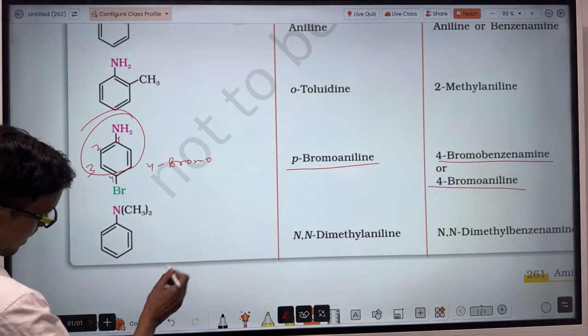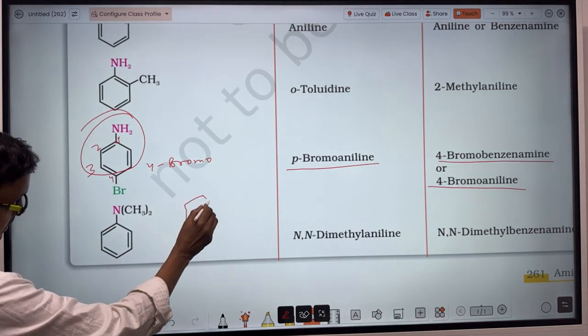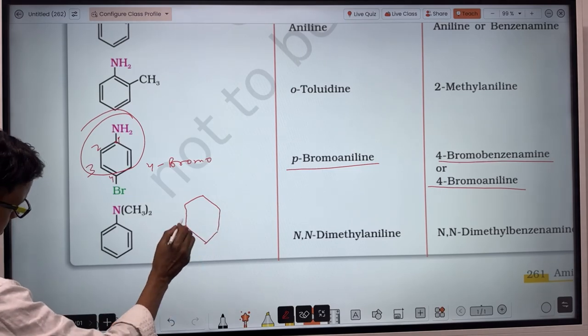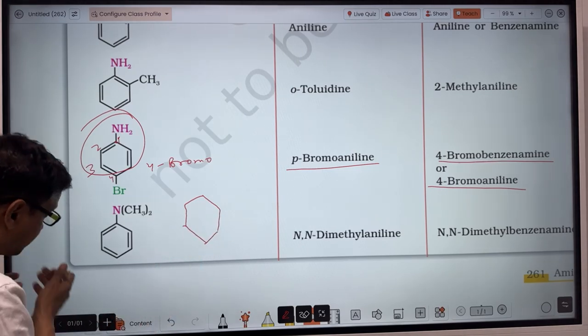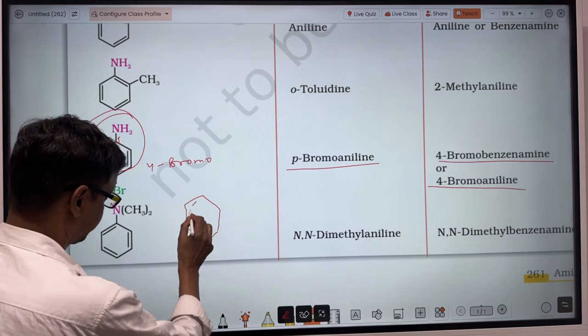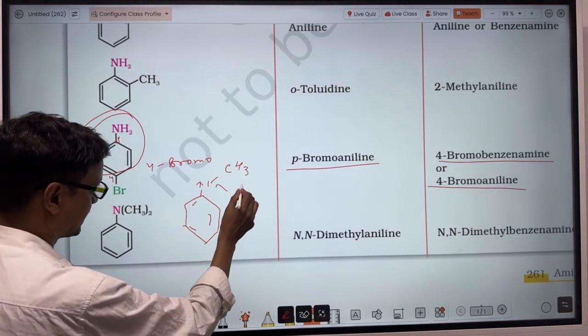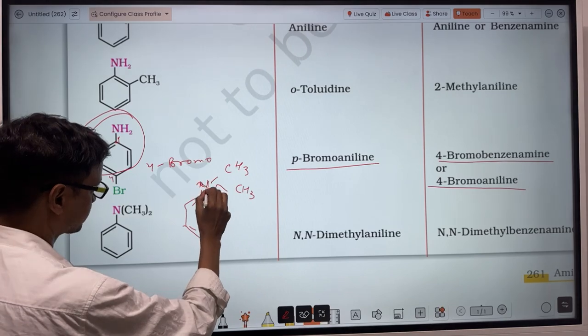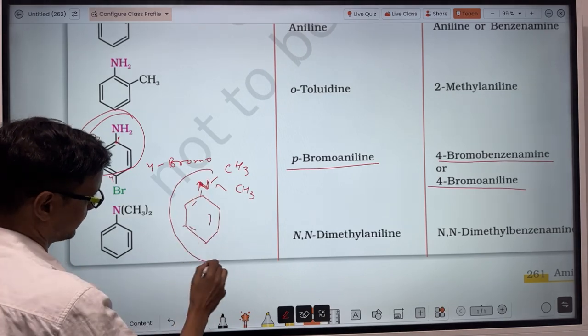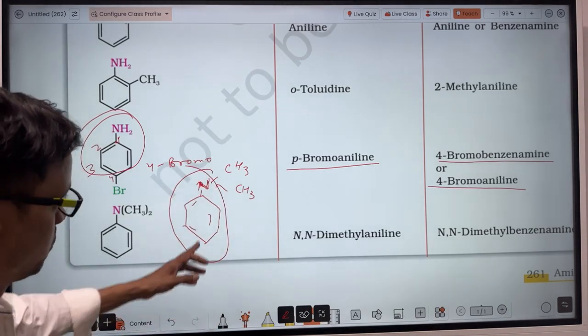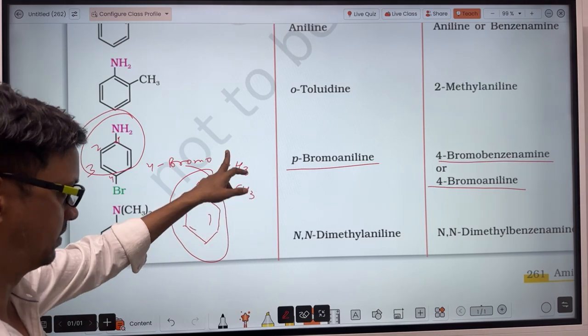Now watch out for this compound here. So firstly I am drawing the structure here. The 2 methyl groups are bonded here. So it is aniline here, but the 2 methyl groups are bonded to nitrogen.